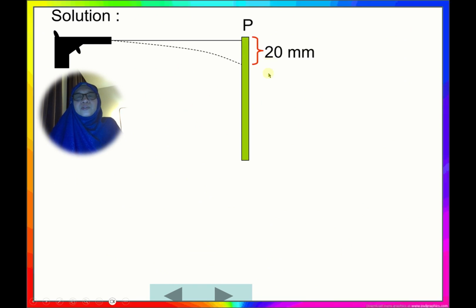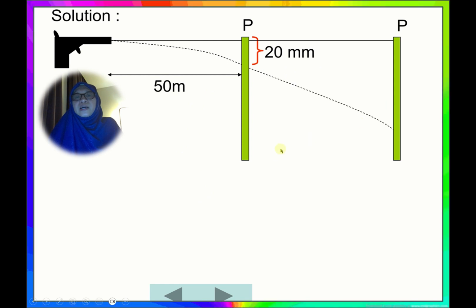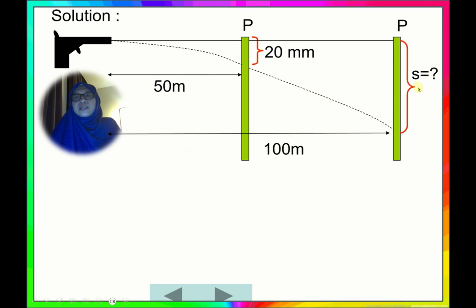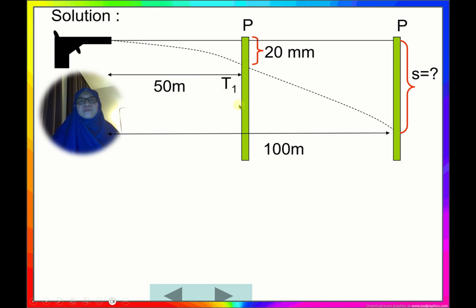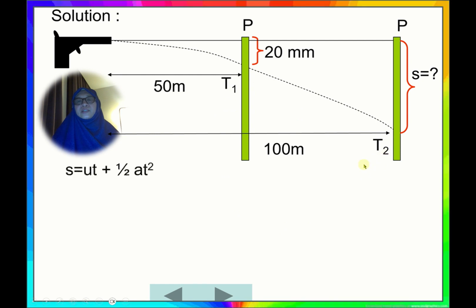Okay, so just now 20 millimeter first position, and then when 100 meter range, we don't know the S, we can put S or S prime. Okay, so the time taken T1, the time taken to reach the second target is T2.